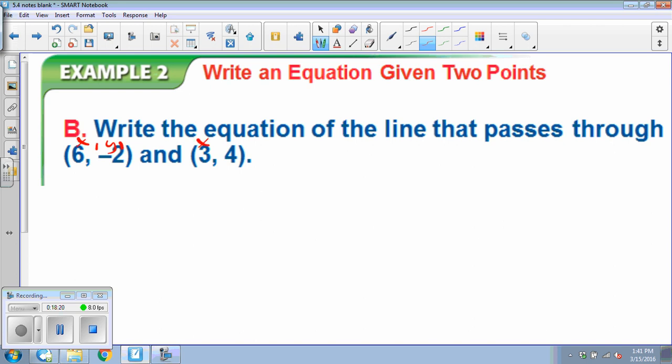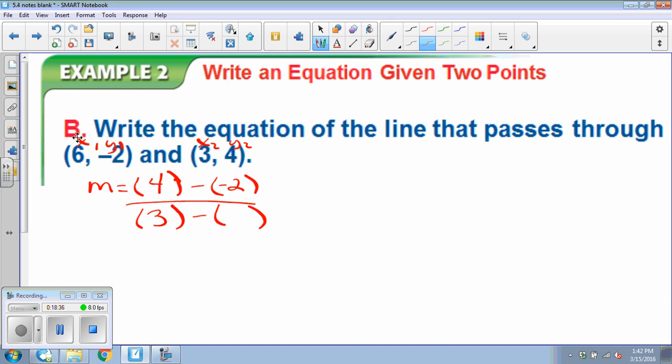x1, y1. x2, y2. So m equals y2 is 4. My y1 is negative 2. Over x2 is 3. x1 is 6. So that's 4 plus 2 over negative 3.